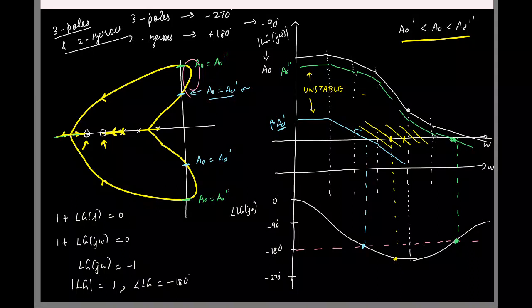Is that okay? So the point is, for unstable, the magnitude of the phase of the loop gain at omega u, I'll just say modulus of it, is greater than 180. Okay?